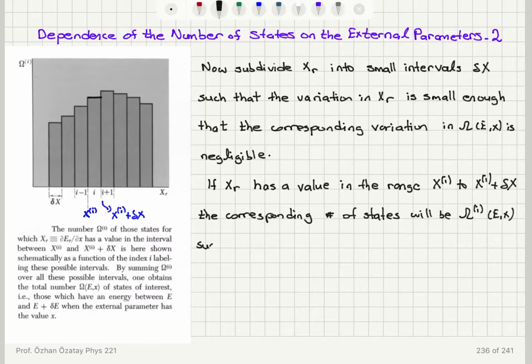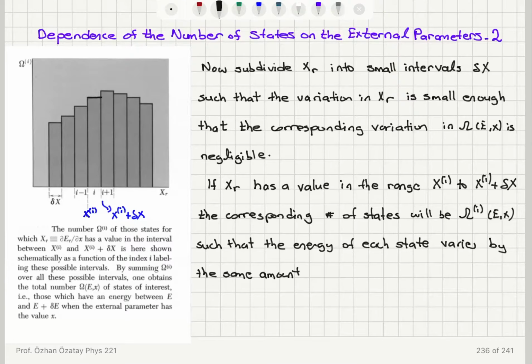such that in this subset of accessible states, the energy of each state varies by the same amount xi dx, because delta x is very small.